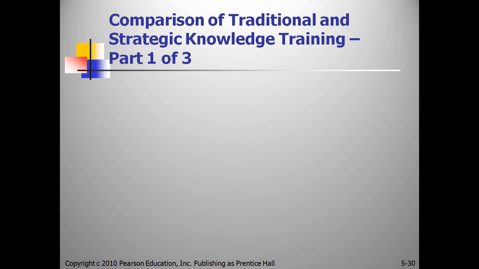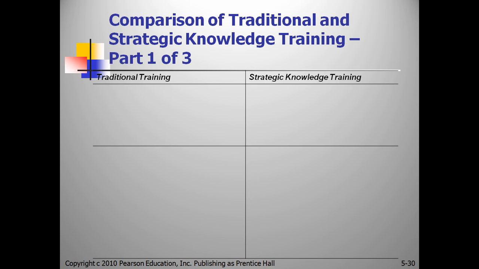Let's now compare traditional and strategic knowledge training. The determination of which type is best for the design of a training depends on some of the factors that we've already discussed.